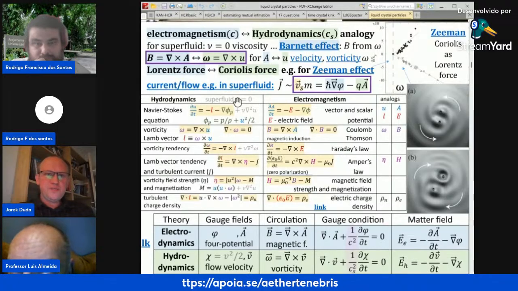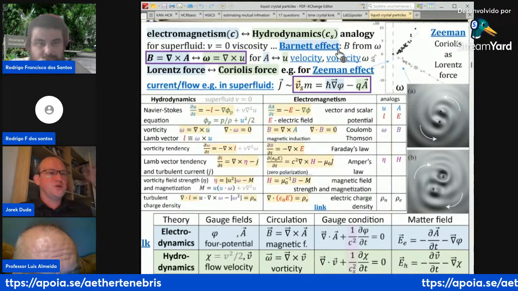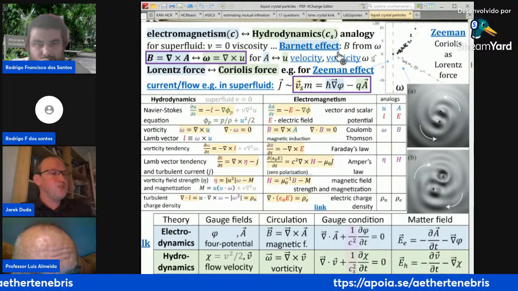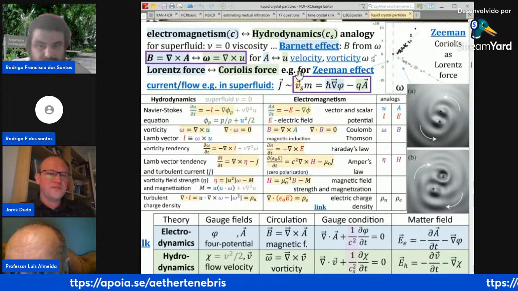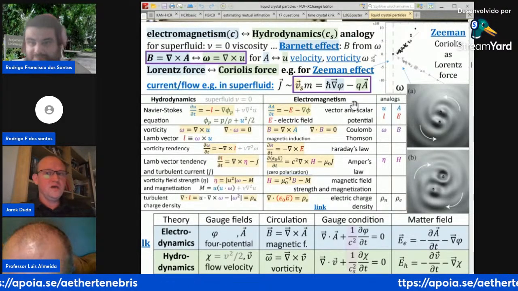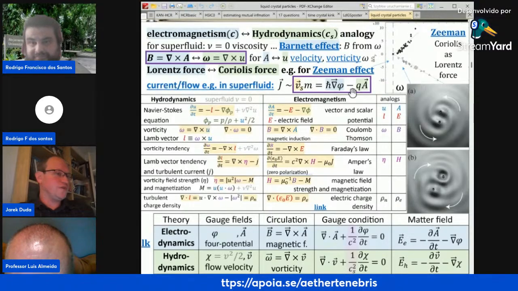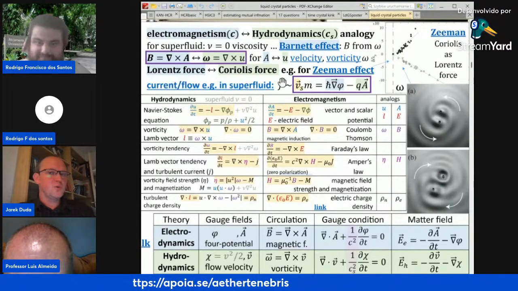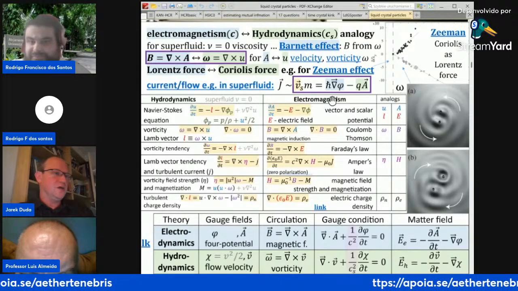But the equations are very similar, and there are many related effects, like the Barnett effect, saying that a rotating object, even without charge, gets a magnetic field. There are these nice relations, like here, relating velocity, the A field of electromagnetism, and the change of quantum phase. Quantum phase is also some kind of rotation or some degree of freedom, like I mentioned.